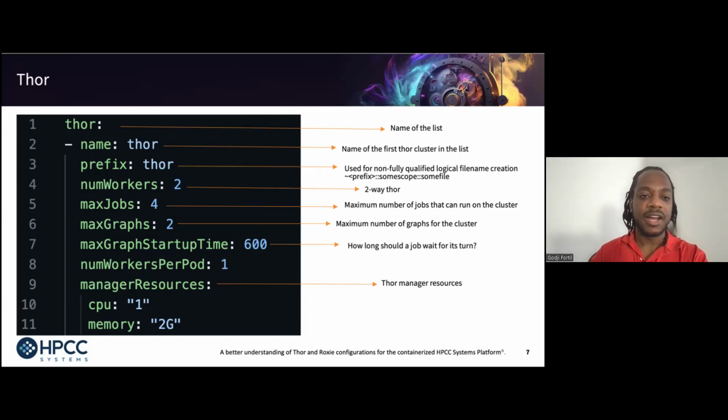And we have max graphs, which is the maximum number of graphs for the cluster. We have the max graph startup time, which is basically saying how long should the job wait for its turn. And currently it's at 600 seconds.